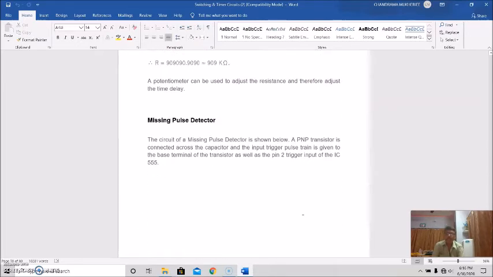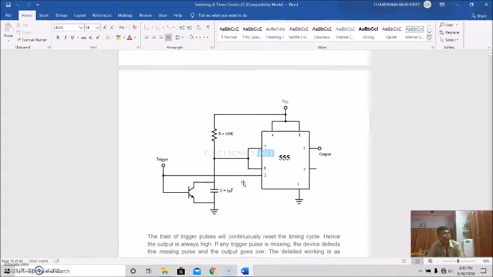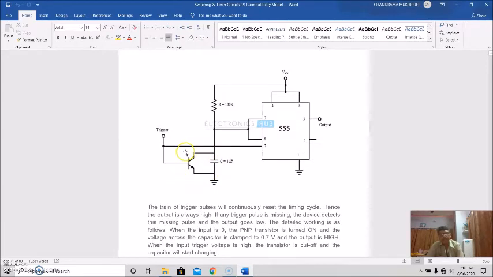And then we have discussed the monostable multivibrator circuit and its application as a missing pulse detector circuit. For that, we have modified this multivibrator circuit by using a transistor across the capacitor, and then used a train of trigger pulses, which is simultaneously applied at the base of the transistor as well as the trigger input of the timer circuit.